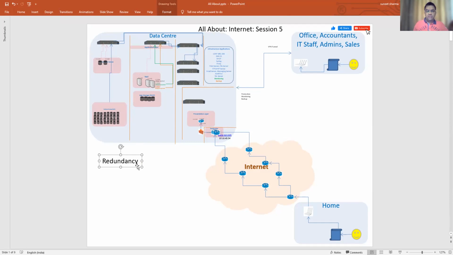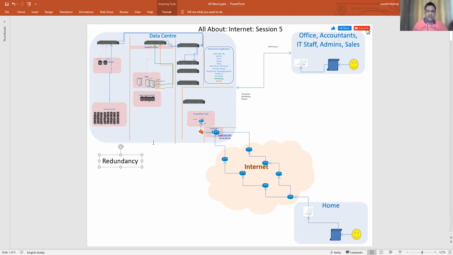Redundant means that if one component is down, then another component will take care. So how will the other component take care? There should be a coordination mechanism, some circuits, some kind of mechanism available on its own.